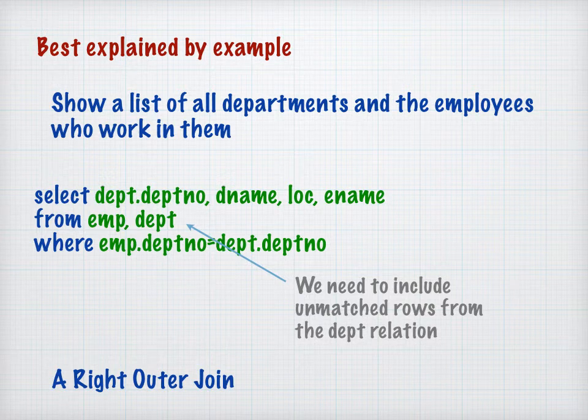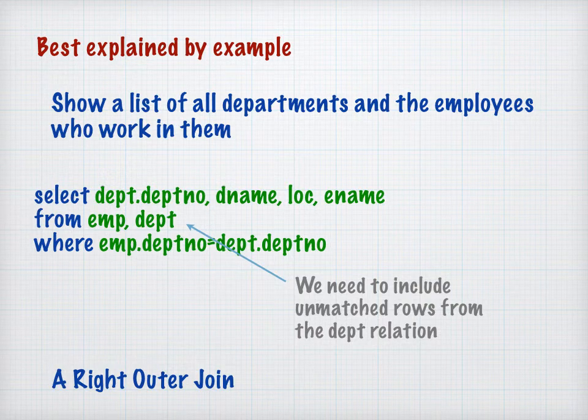Department is on the right here, so that would mean that we want to do a right outer join. Combine emp and department together so that we see everything that matches, but also include the extra things from the table on the right, a right outer join, so that we get that fourth department.